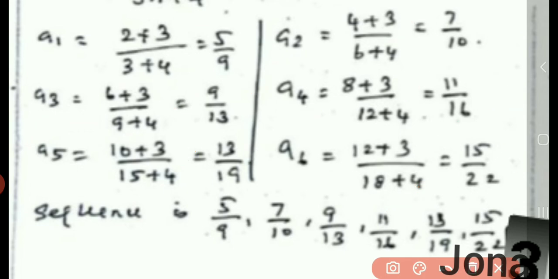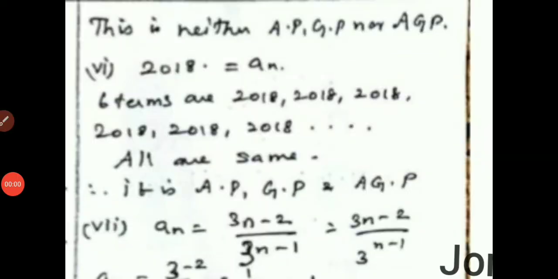Now we got these answers as 5/9, 7/10, 9/13, 11/16, 13/19, 15/22, etc. These six terms are here. Then we want to classify this in which progression it is. This is neither AP, GP nor AGP.